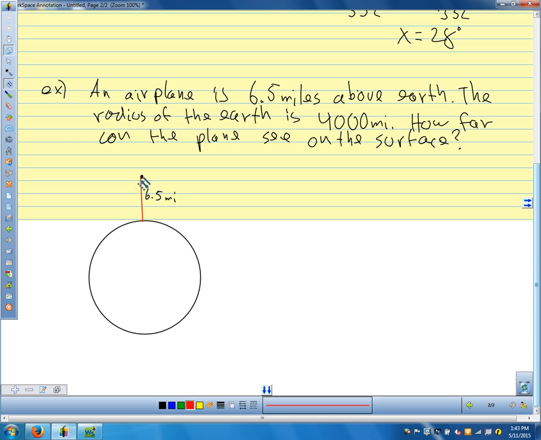So we're looking out here, and the furthest that we're going to be able to see is when our line of sight is tangent to the Earth. So we can see to the tangent point.